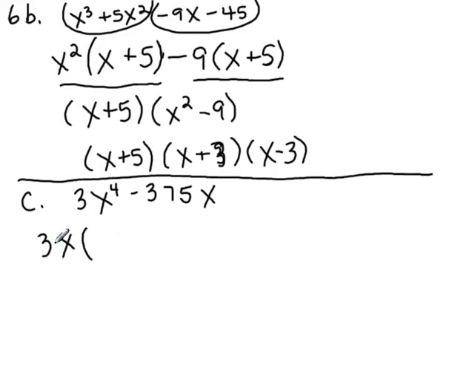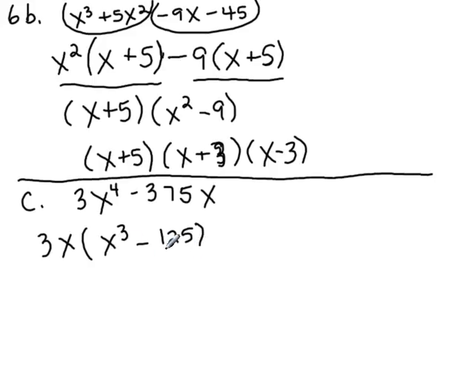3x to the 4th divided by 3x gives me x cubed minus 375 divided by 3 is 125, and that x cancels out. So now I've factored out my GCF. I look in my parentheses to determine whether or not there is still something I can factor.